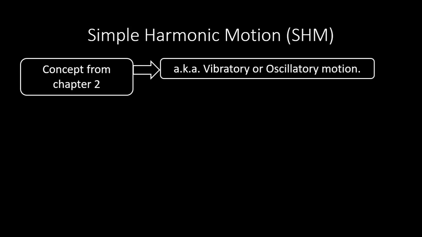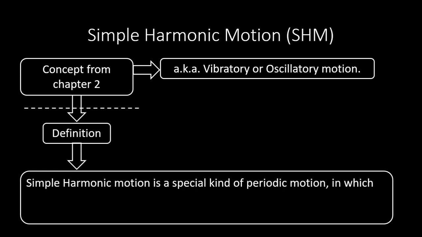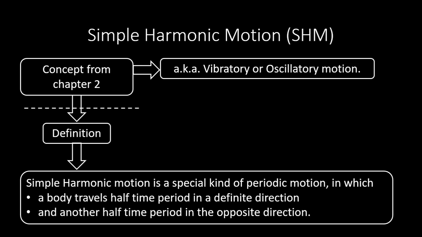At first, when we define simple harmonic motion, we recall the concept from chapter 2 that is also called vibratory or oscillatory motion, and its definition is: it is a kind of periodic motion in which a body travels half time period in a definite direction and another half time period in the opposite direction.